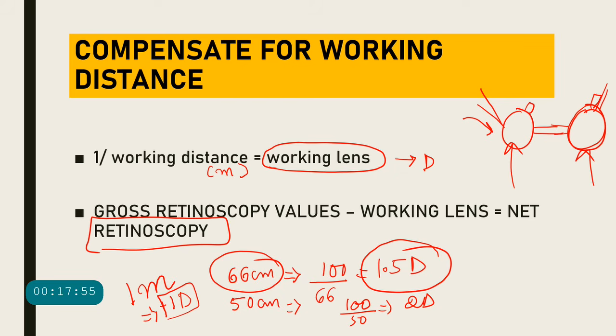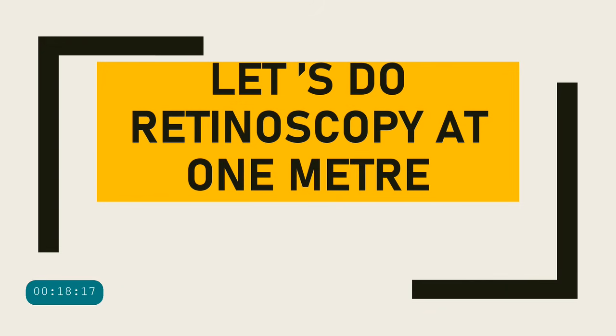The problem with this method is that the reflex becomes very distorted with so many lenses in place, and therefore it is avoided. You can subtract this working lens later from your gross retinoscopic value after completing the retinoscopy without any working lens in place. So that is the idea of the working distance and the working lens.